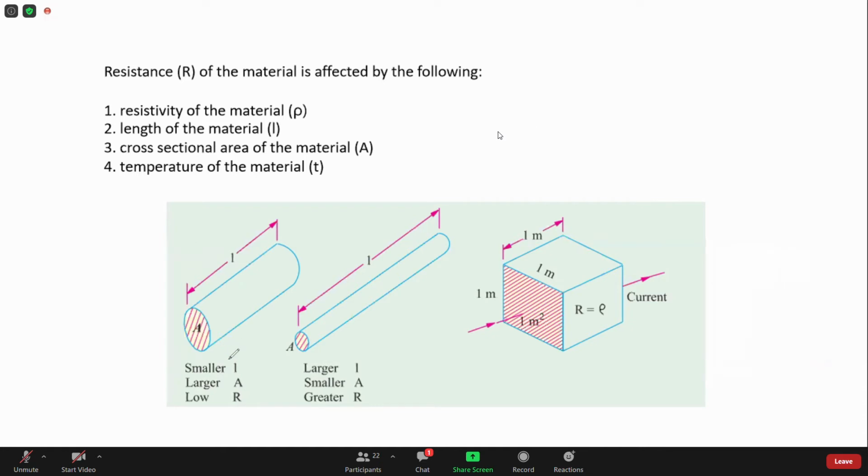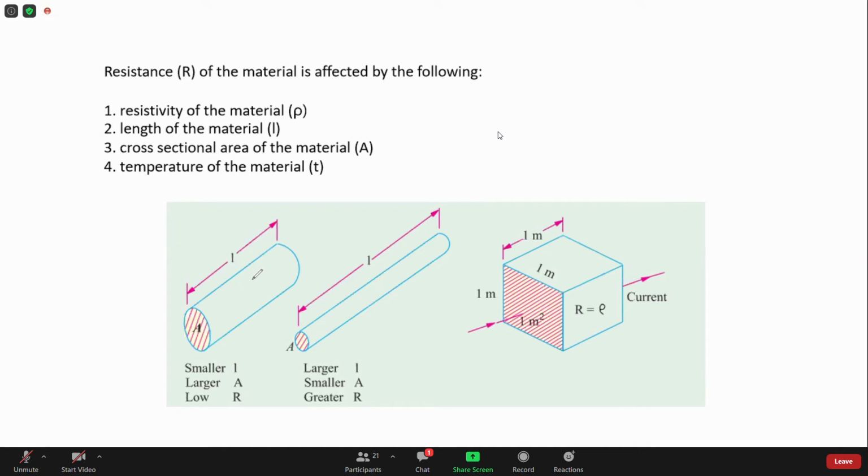No? So for example, if you're going to compare the two, this conductor will have a lower resistance compared to this, no? Because the longer the wire, the higher the resistance. Also, cross-sectional area also affects the resistance. The bigger the wire, the smaller the resistance.